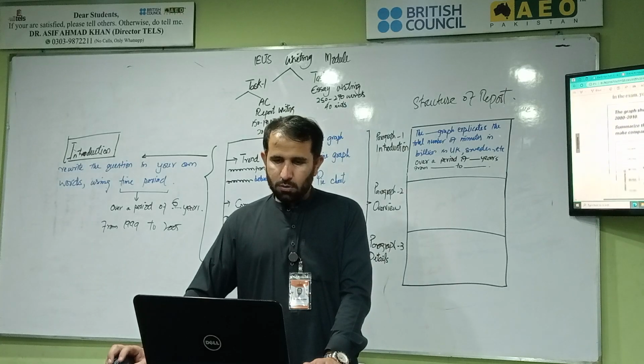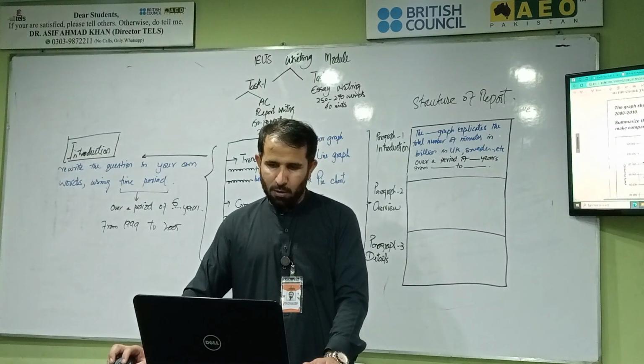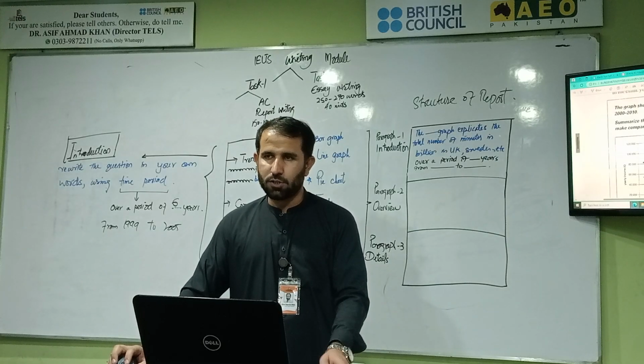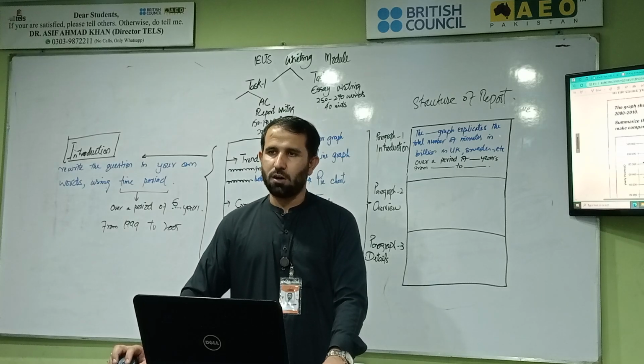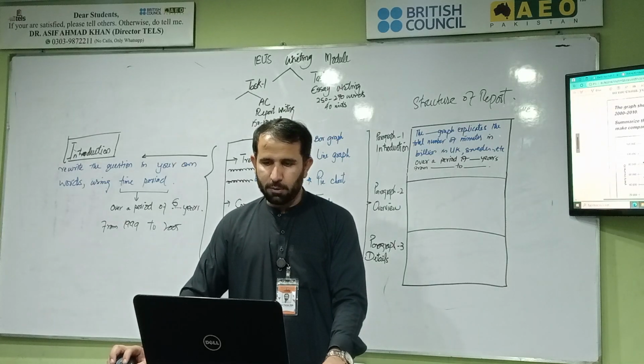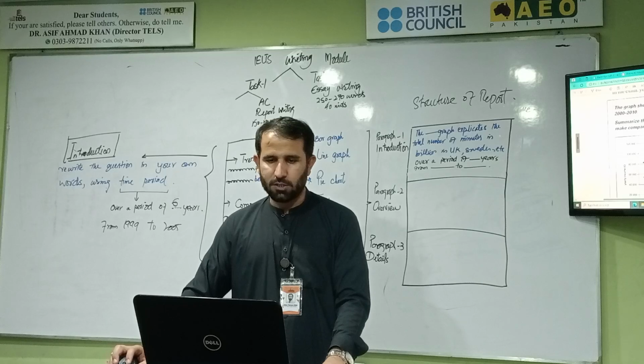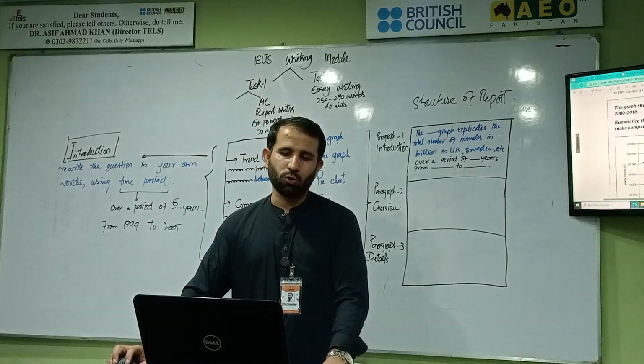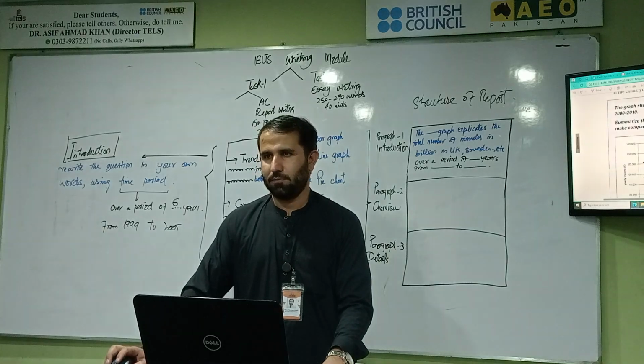Then you will drag down. You see, the graph shows data about the annual earning of 3 bakeries in London, 2000 and 2010. It's a trend. The graph illustrates, yes, the graph illustrates or explicates the information about the annual earning of 3 bakeries in London over a period of 10 years from 2000 to 2010. That's it.